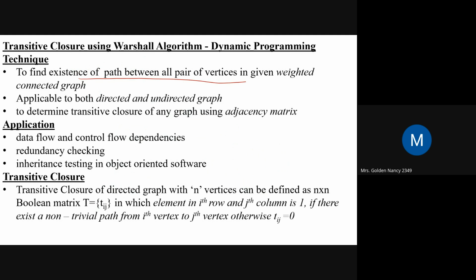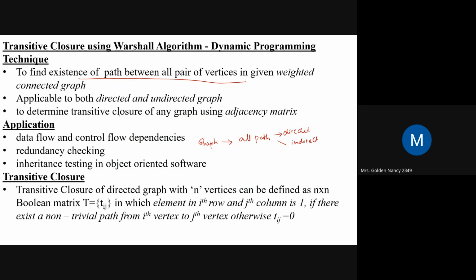If there is a graph, our aim is to find all the paths between vertices, direct or indirect. We are not concentrating only on the direct path. If there is an indirect path existing, that is also found by using Warshall transitive closure.